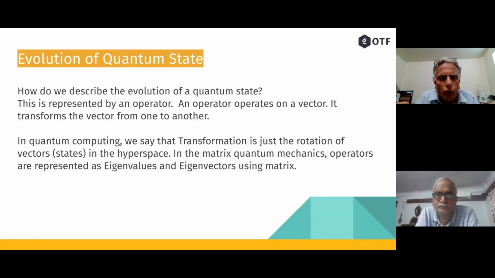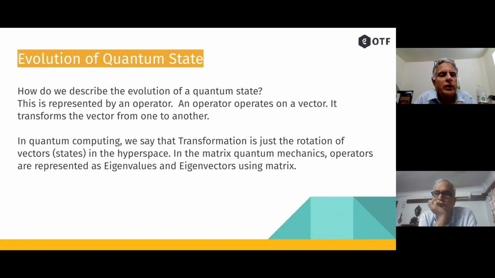They are in two different worlds, we are not mixing them until we get to entanglement. Right now we are only talking of one quantum bit, one Bloch sphere, and within that Bloch sphere, the rotation of the vector is the equivalent of transformation.